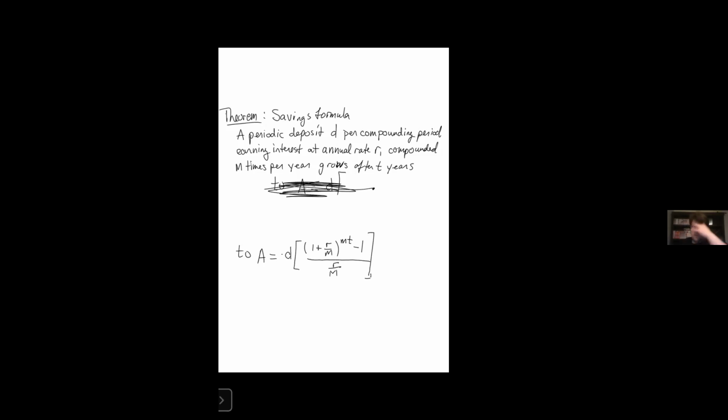So D times 1 plus R over M to the MT minus 1 over R over M. Okay, I'll do it a little better. And this parallels the previous example.